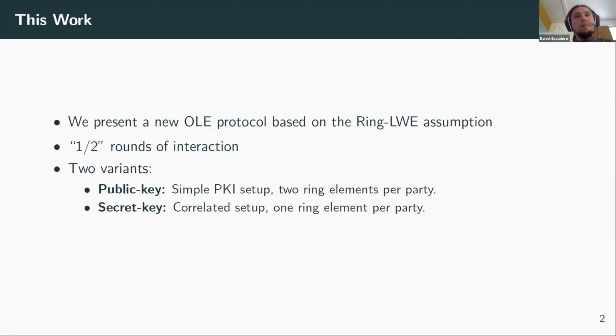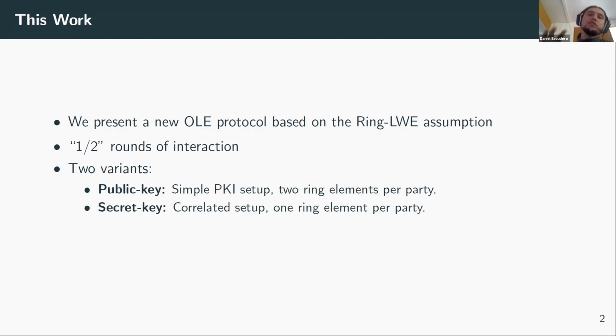One is a public key variant, and what I mean by this is that the setup required for this construction is only a simple PKI, so no correlation at all, just a secret and public key pair on the side of Alice and one on the side of Bob. And the communication complexity of this construction is 2 ring elements per party, so it's actually pretty efficient.